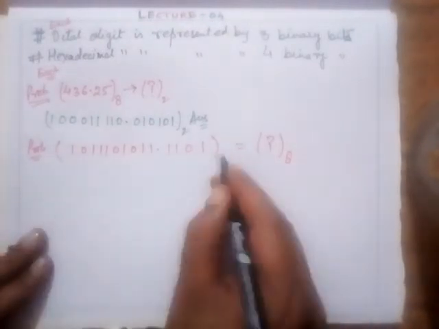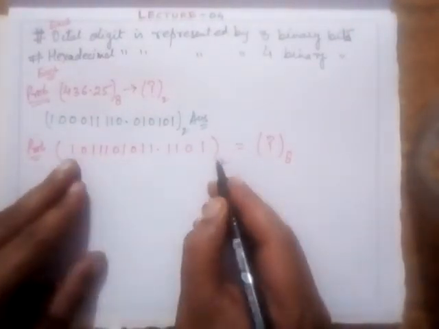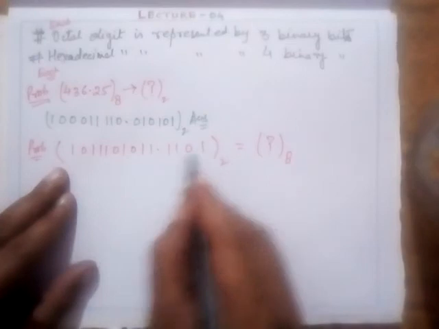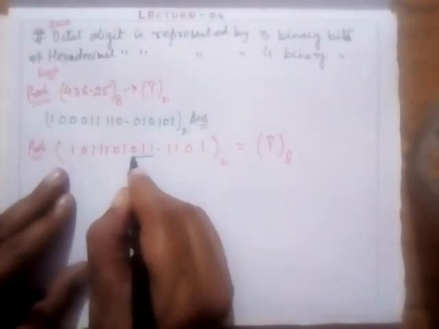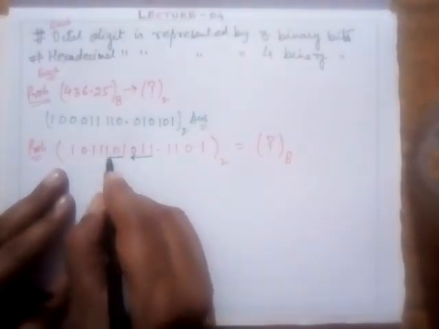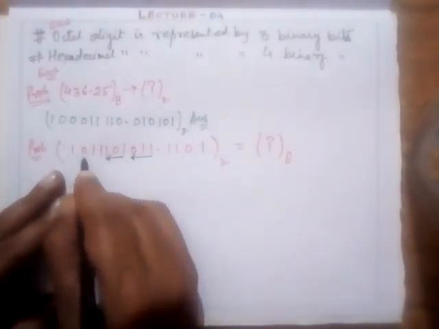For this integer part, you make a group of 3 bits. Look at the shortcut. You make groups of 3 bits for the integer part from right to left. 3 bits. Then these 3 bits. Then these 3 bits. Now this one is remaining. All I can do is insert 2 extra zeros here.